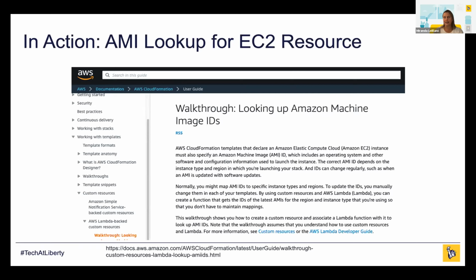And it takes certain inputs, so that's defined in the resource properties, and that's where you'll need to send the region that you're in, as well as what instance type you're looking for, Linux-based images or the Windows version. So you can go through and do that walkthrough. There's also a really nice lesson out in A Cloud Guru that goes through that walkthrough as well.